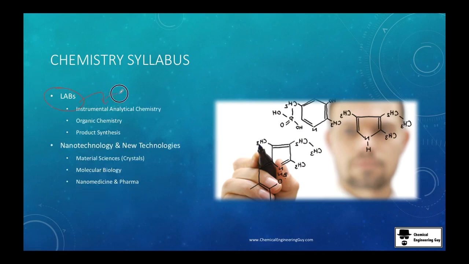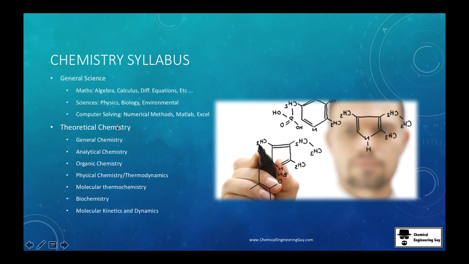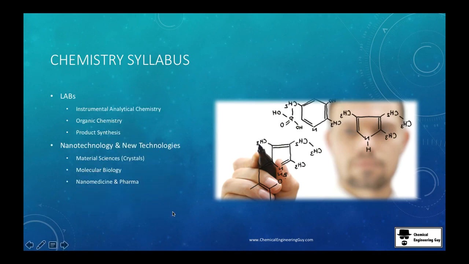So you're going to have instrumental analytical chemistry, your organic chemistry lab, product synthesis, general chemistry lab, analytical chemistry. Most likely, you're going to have at least one lab for each of these classes.